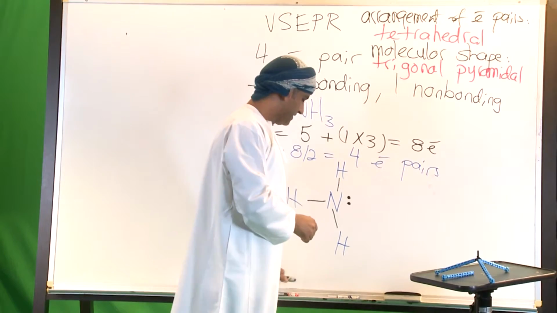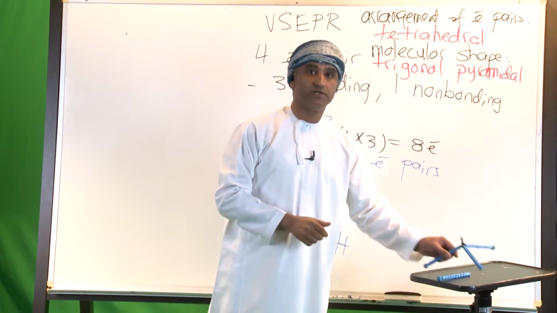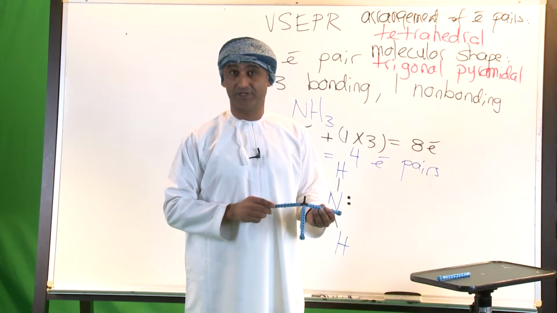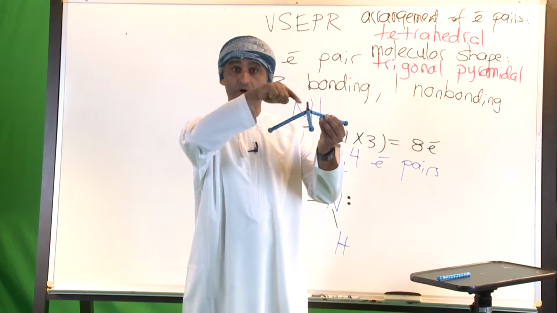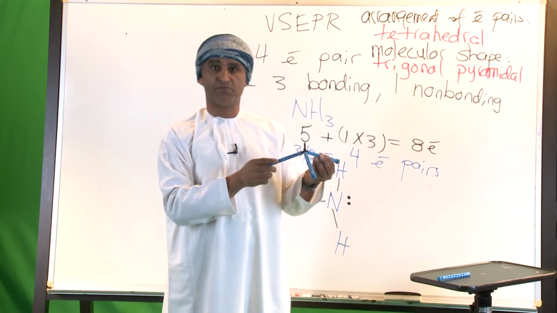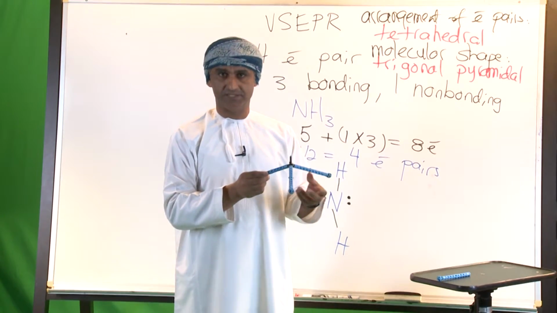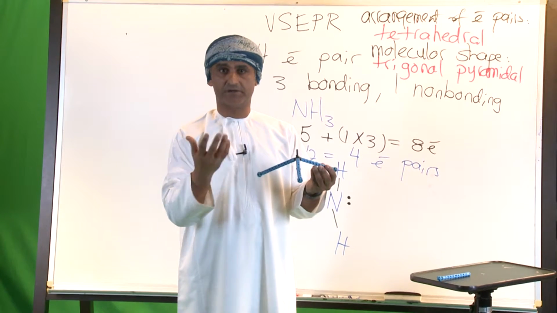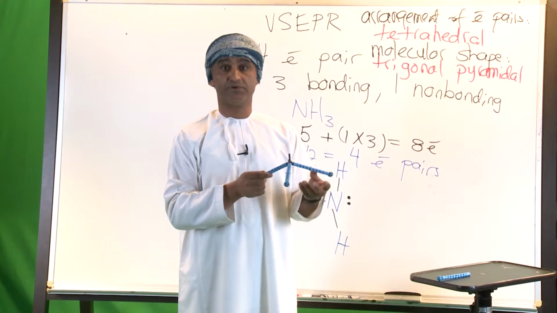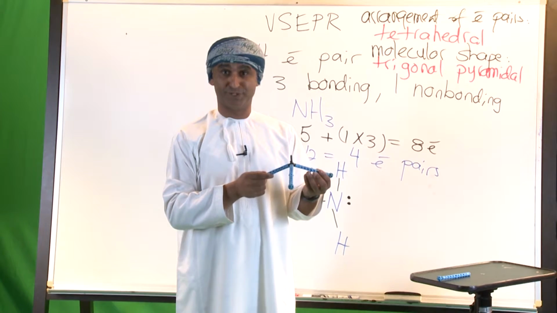Now, what about bond angles? Well, clearly the bond angles will not be exactly 109.5, and that's because of the presence of a lone pair. Now, lone pairs occupy space. And remember, this model, the VSEPR model, is based on minimization of electron pair repulsions. We are talking about bonding repulsions, bonding non-bonding repulsions, and non-bonding repulsions.